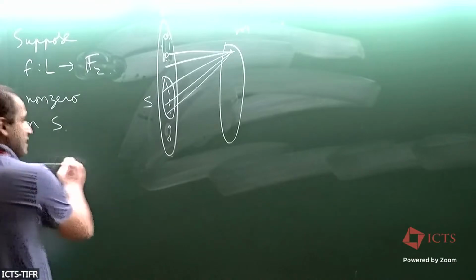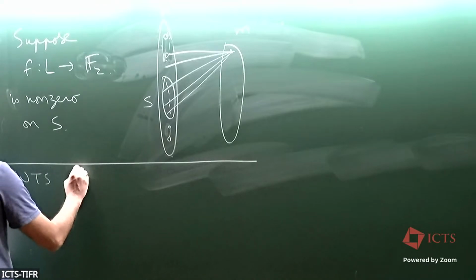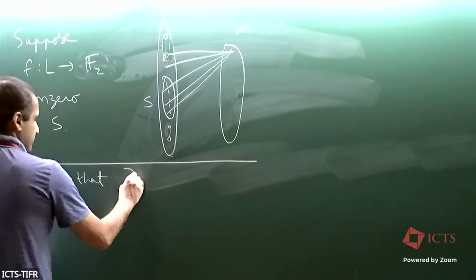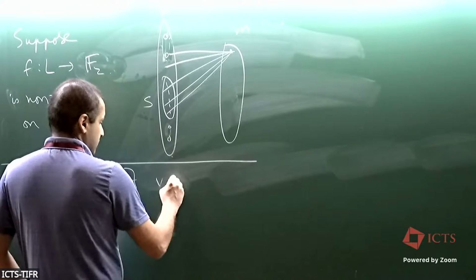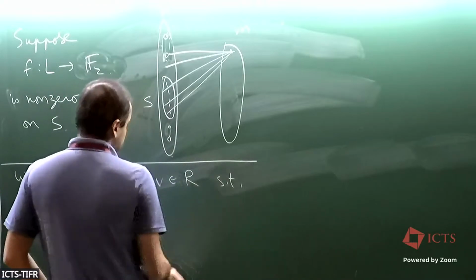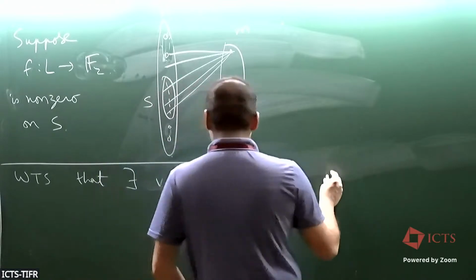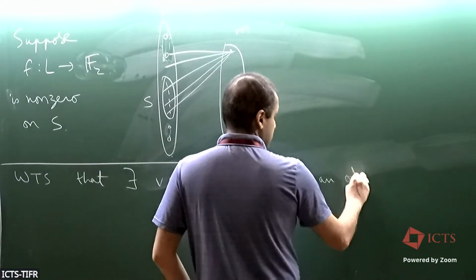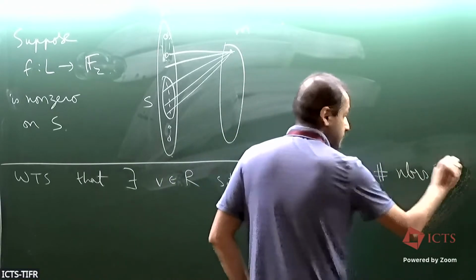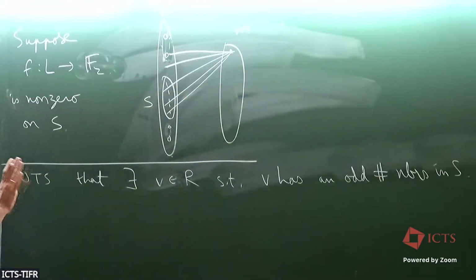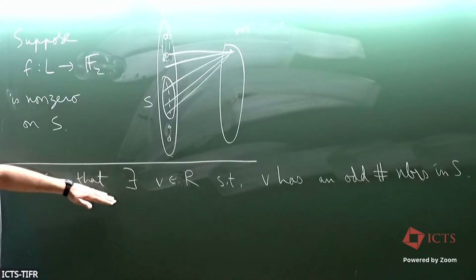So we want to show that there exists a vertex V on the right such that V has an odd number of neighbors in S. Do we agree at this point that if we show this, we have an assumption, right?